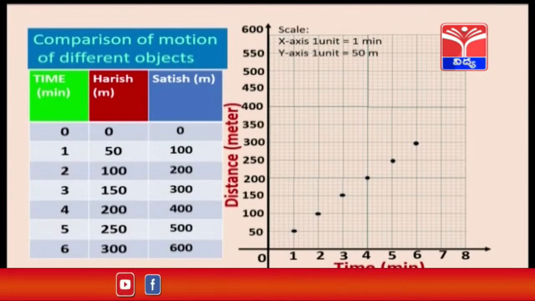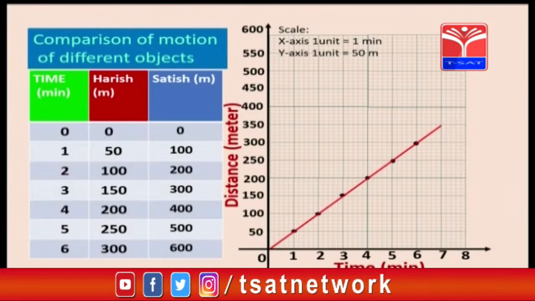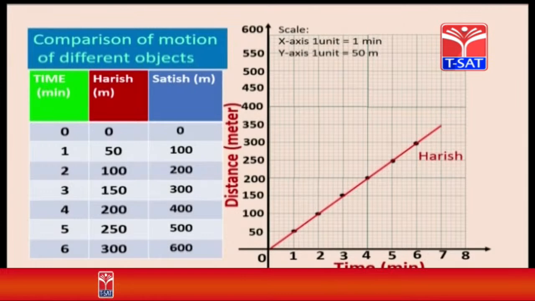Now map all the points. You will get a straight line, which indicates uniform motion of Harish. And likewise draw the graph for the Satish motion also. After 1 minute he covered the distance of 100 meters here, children.